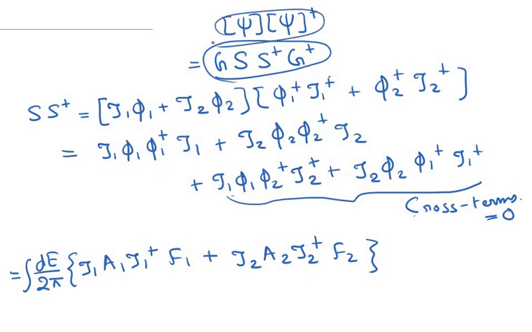So we write it as equal to 0, and so this entire thing, psi psi dagger, we can write from what we have derived here.